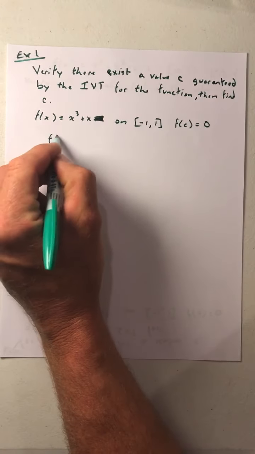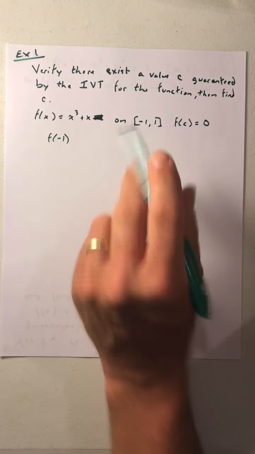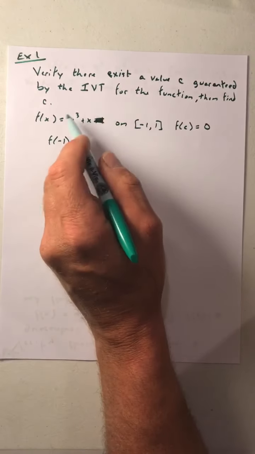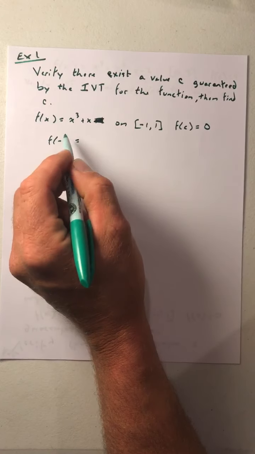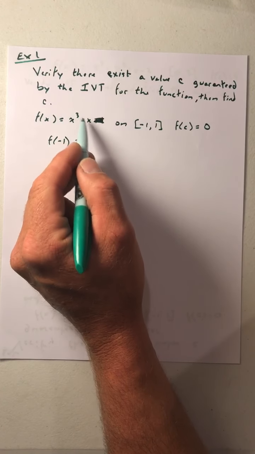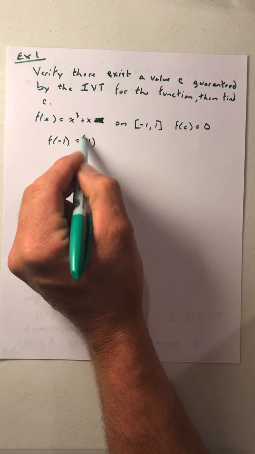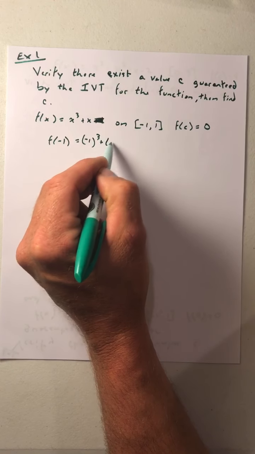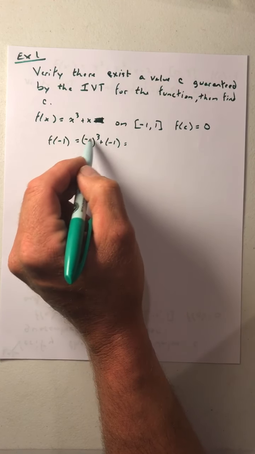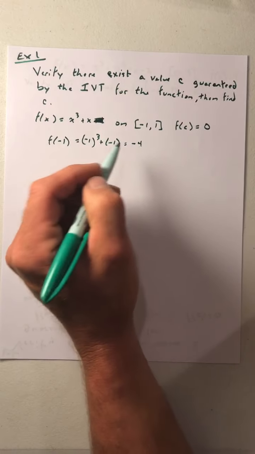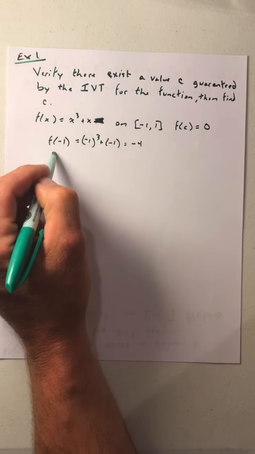So what do we do? Well, we're going to find the value of f of -1. If I plug it in, I get -1 to the third plus -1. -1 to the third is -1, minus 1 gives us -4.